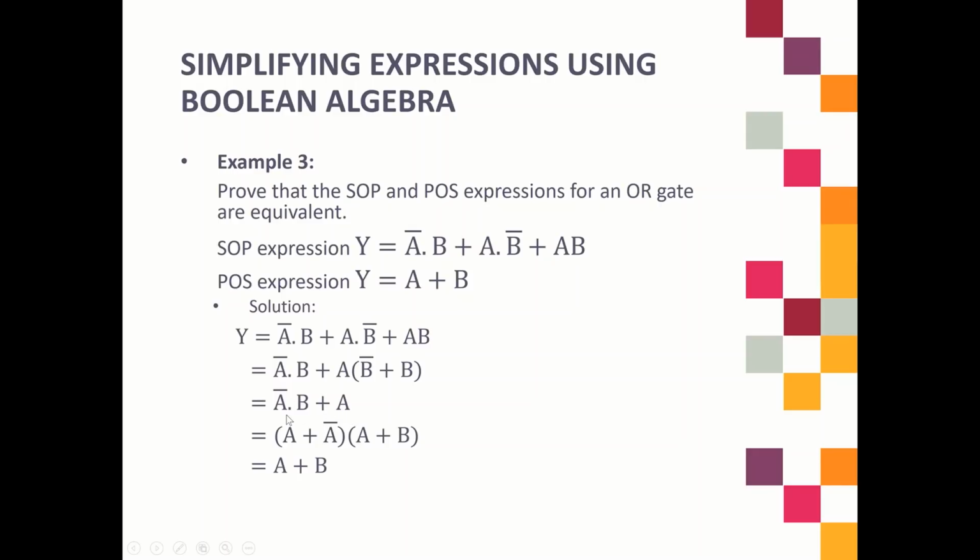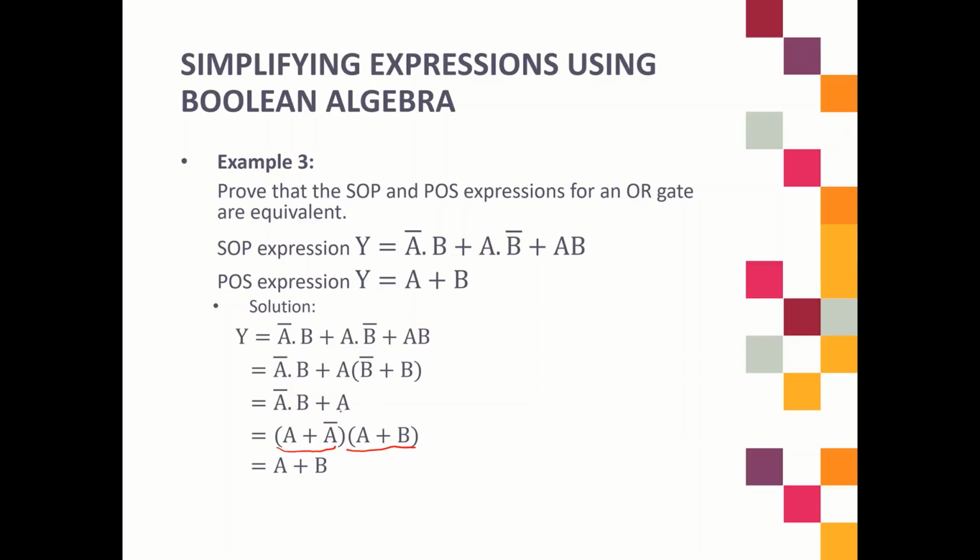And then next step, between a bar and b plus a, you apply theorem 10, because we want to create these terms between a bar and also a. When you apply theorem 10, you will get a plus a bar, a plus b. So this is theorem 10: a plus a bar, a plus b.